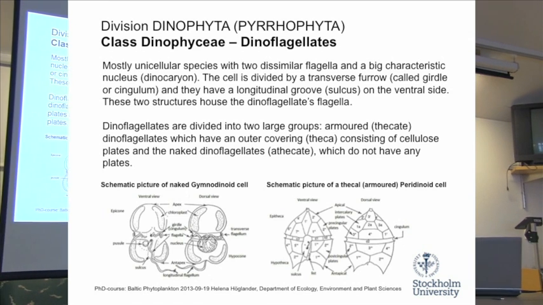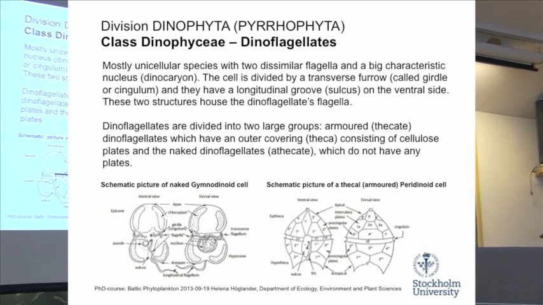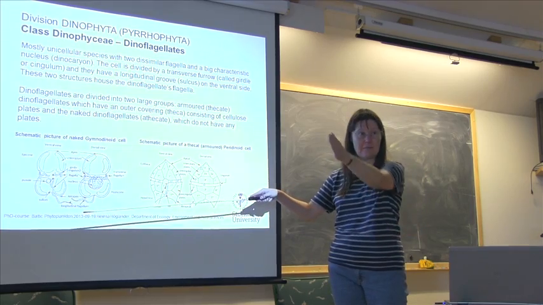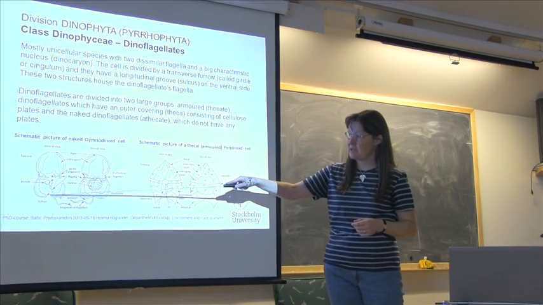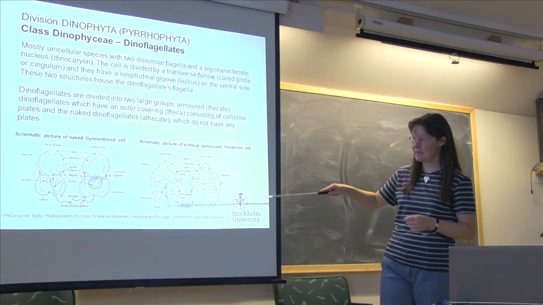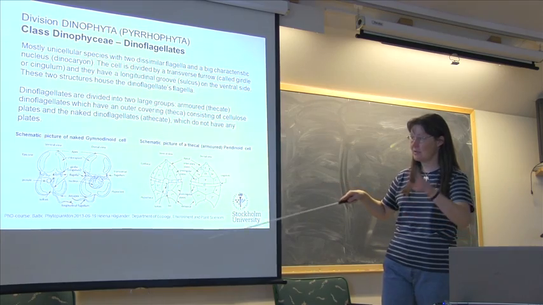And in this cingulum they have a flagellum that is moving the cells around and round, and then for moving back and forth you have a flagellum going down in this sulcus. So it's found also in the thecate species too. And here you have the flagellum that's going around the cell.